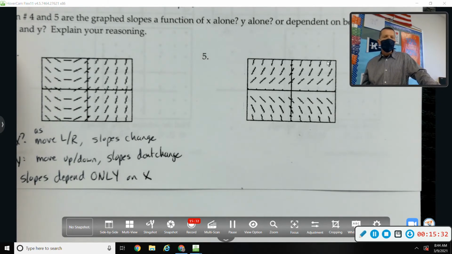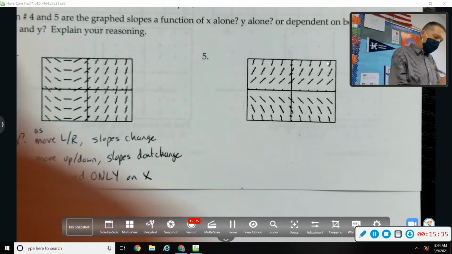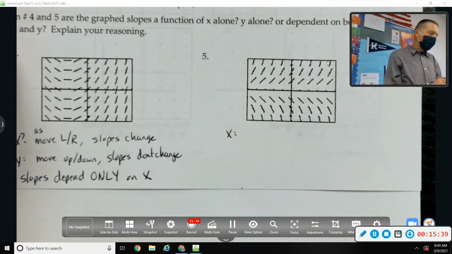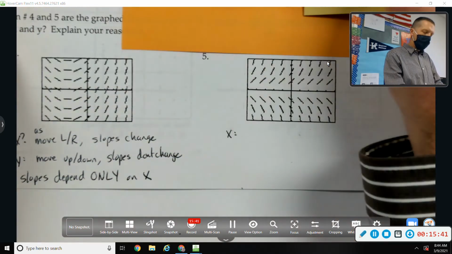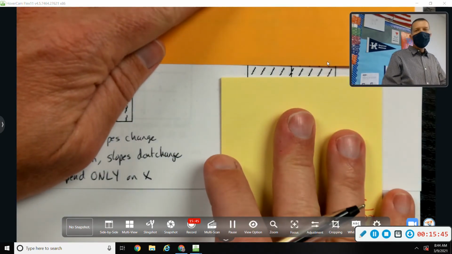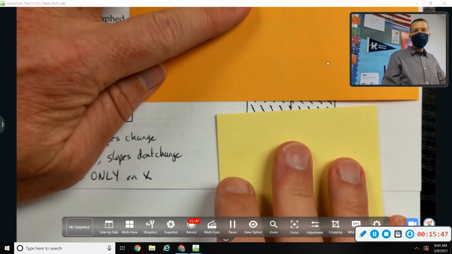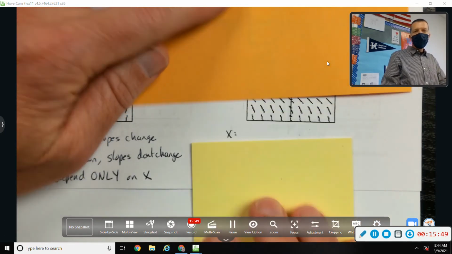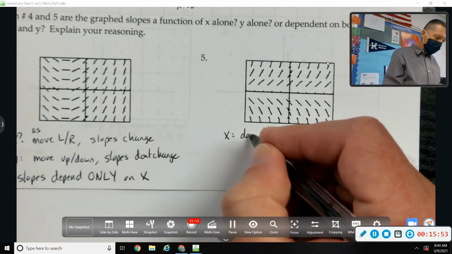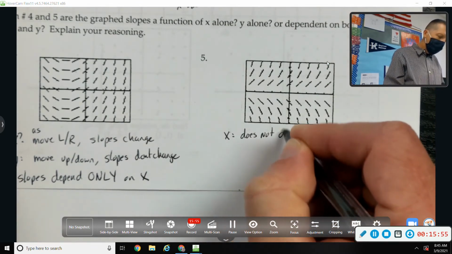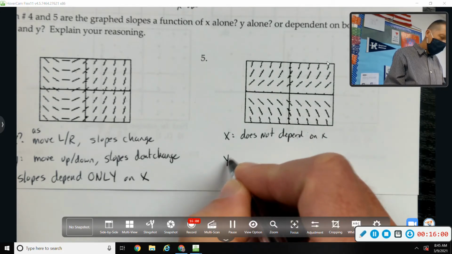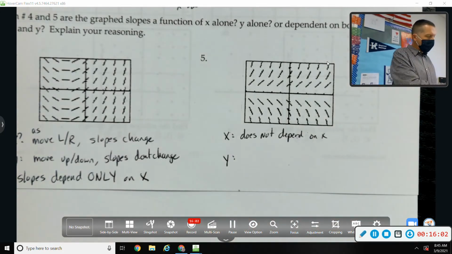How about number 5? Does it depend on x? Pick out an x row. Do they change left to right? Nope, all the slopes are the same left to right. So it does not depend on x. How about y?